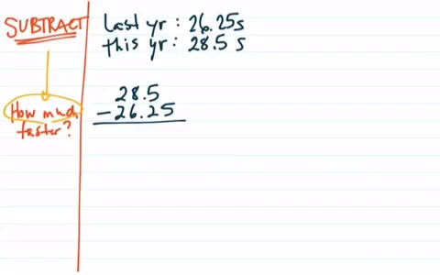Now, just like when we were adding, we definitely need a zero placeholder here. I'm going to ask you to pause and go ahead and calculate this. When you are finished, push play, and you will see me working it out and explaining it, and then compare your answer to my answer to see if you've got it right or to see what kind of questions you've got. So go ahead and push pause now, please.